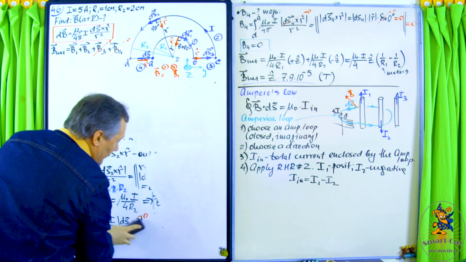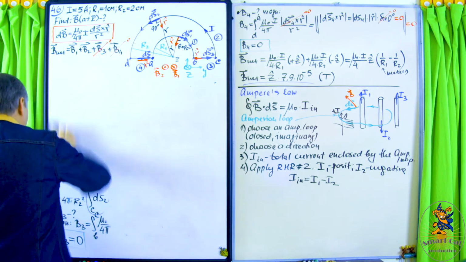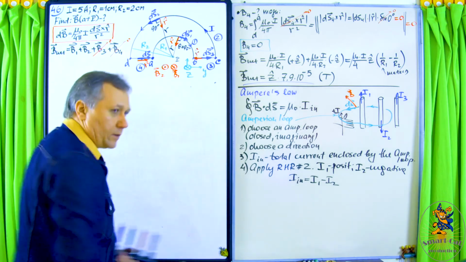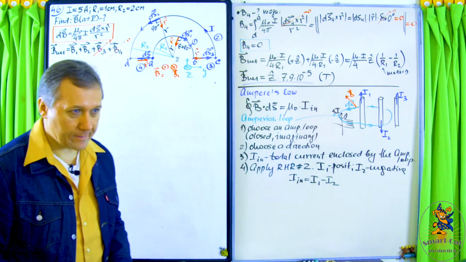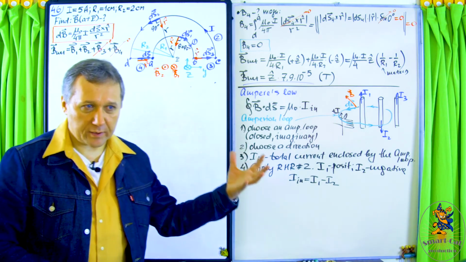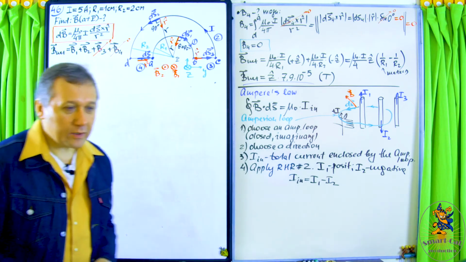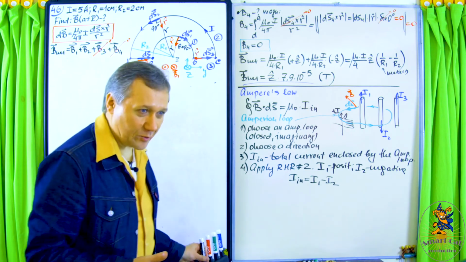So in the lecture yesterday, we started looking at one example. We have an infinitely long wire with radius r, and we needed to find the magnetic field inside of the wire and outside of the wire. Now let's make a hole in the wire, a more complicated situation.